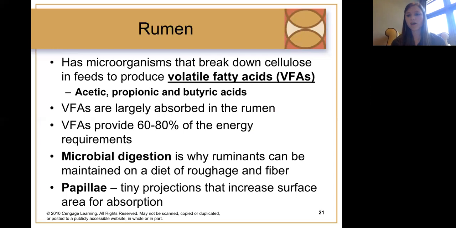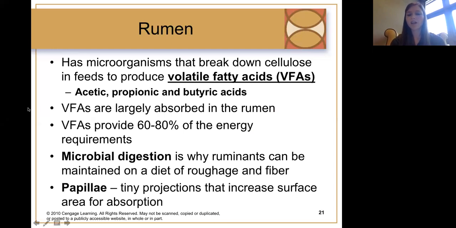So the main volatile fatty acids are acetic, propionic, and butyric acids. There are a lot of other fatty acids, but those are really the main ones you should be familiar with. Acetic is a really big one, and they can provide energy for the animal.